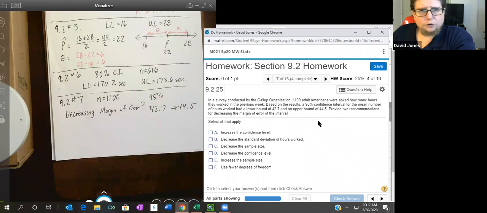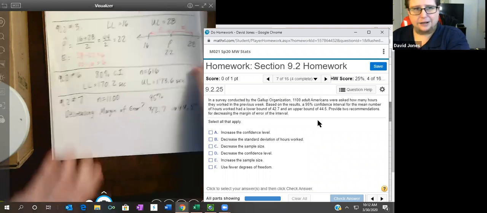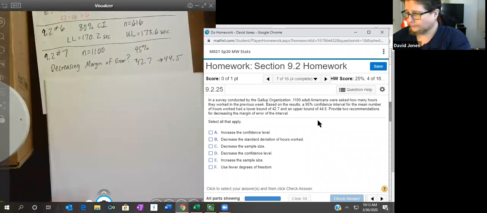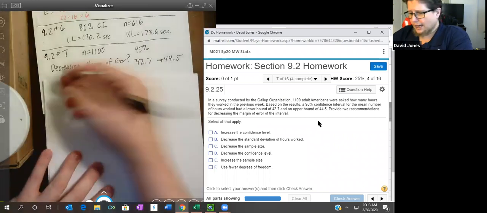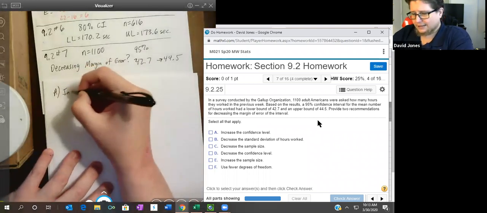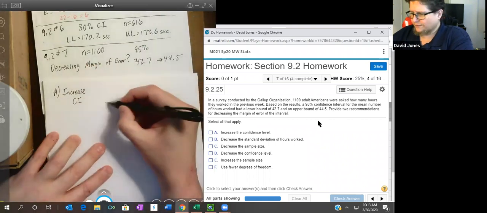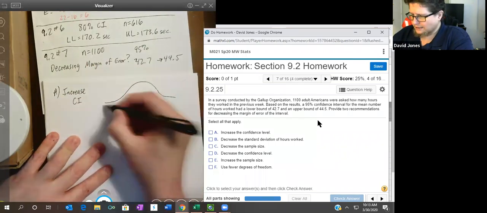So let's just go through them and talk about them. If we increase the confidence level, we're saying we're more confident, which means our picture, I need another piece of paper to reason through these visually. So A, increase confidence. We've got 95% like this.